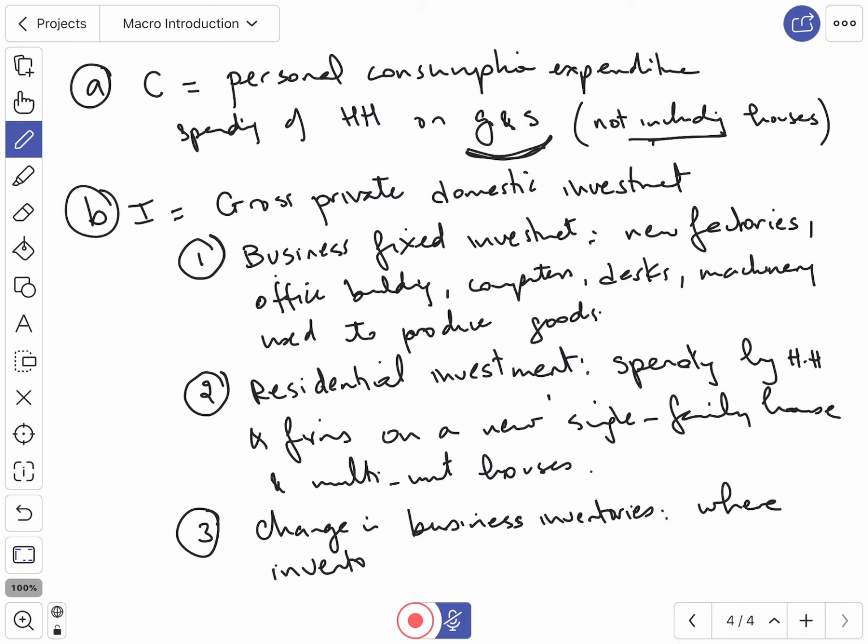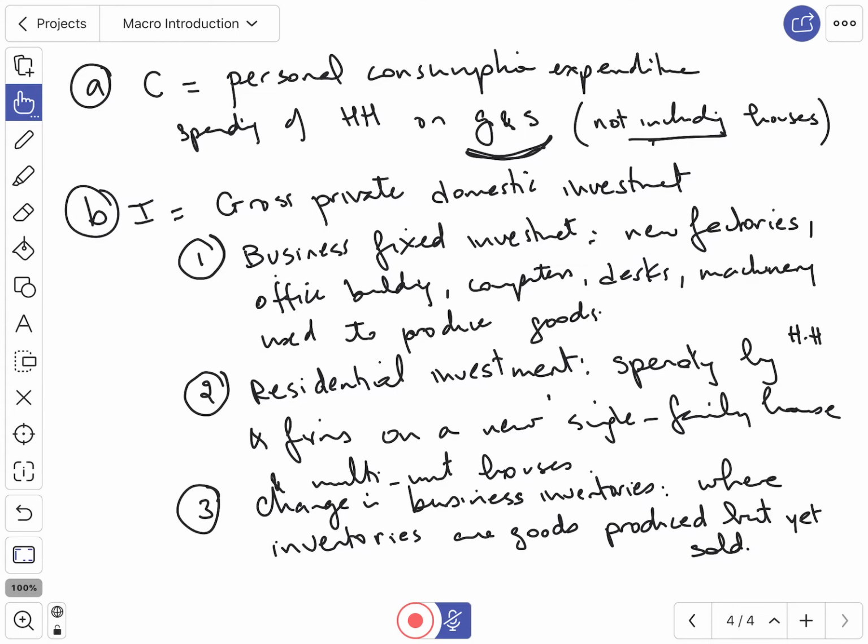Some people get confused about the meaning of inventories. Inventories are goods produced, so you have already produced them this year, but you haven't sold them yet.